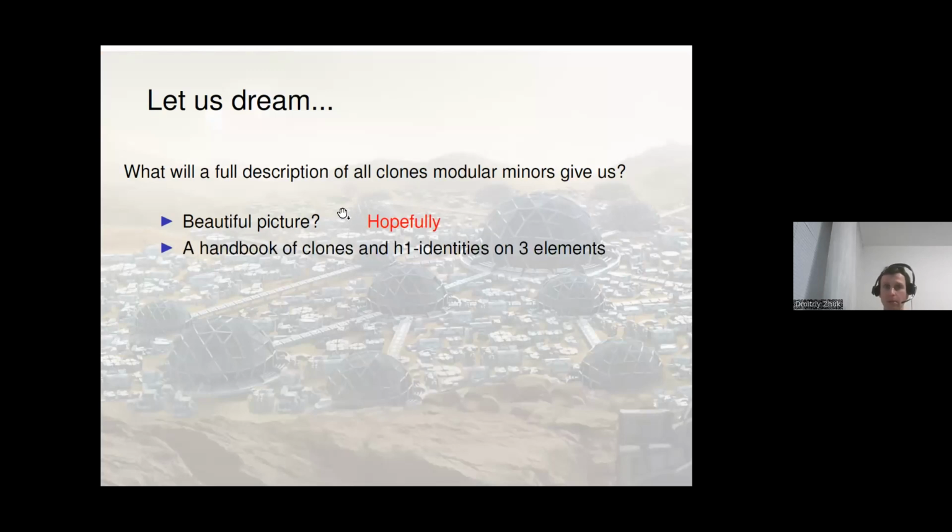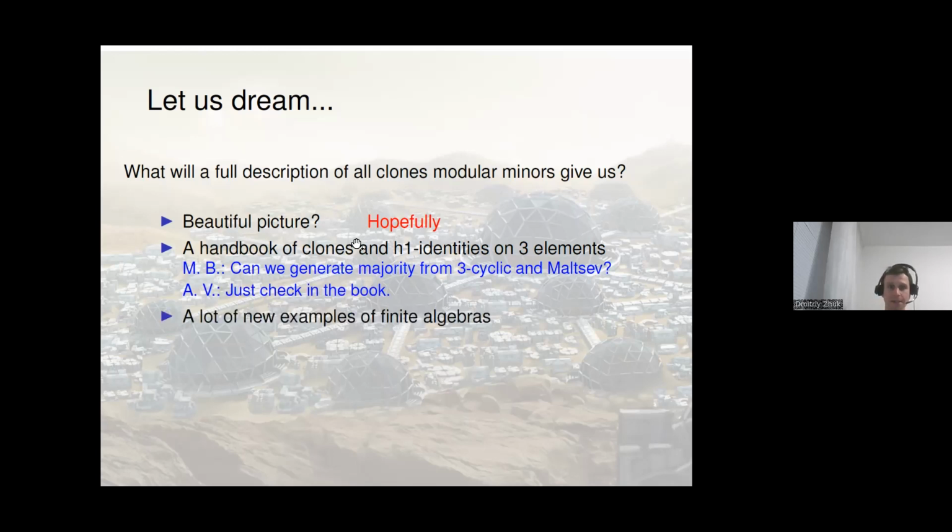But more importantly, we would get a handbook of clones and H1 identities on the 3-element domain. So imagine that you can answer any question like, can we generate majority from 3-cyclic and multiple? You can just open this handbook and check that, yeah, this is true or this is not true. And also it's a source of many, many examples of finite algebras.